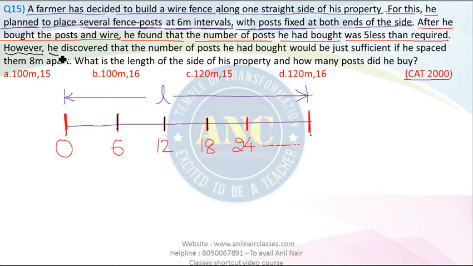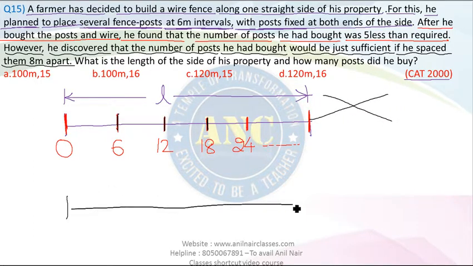However, he discovered that the number of posts he had bought would be just sufficient if he spaced them 8 meters apart. That means instead of placing them 6 meters apart, let him place them 8 meters apart. The length still remains the same, sir.